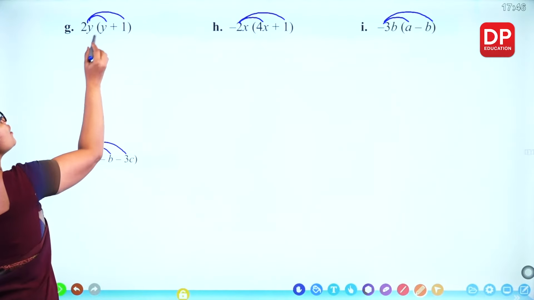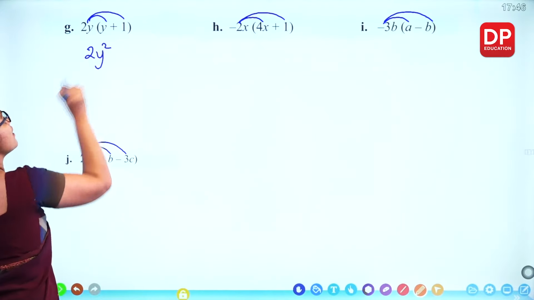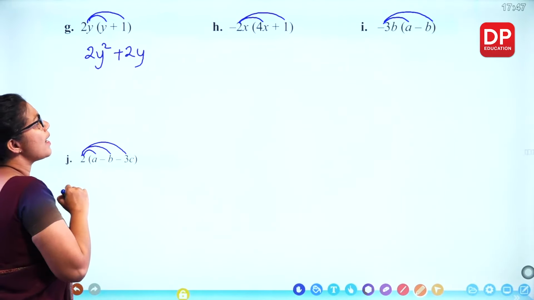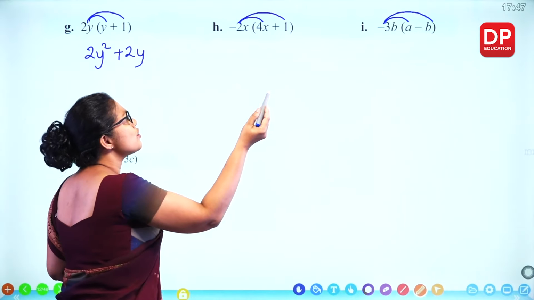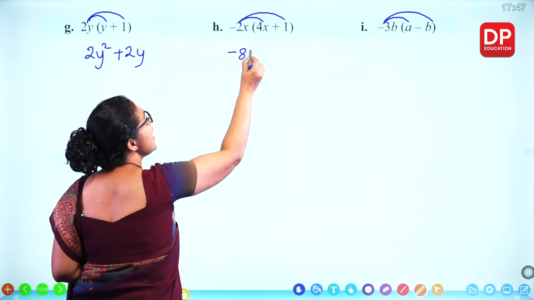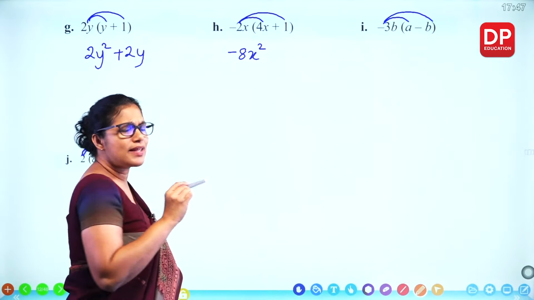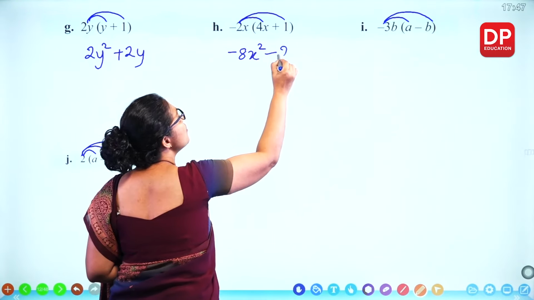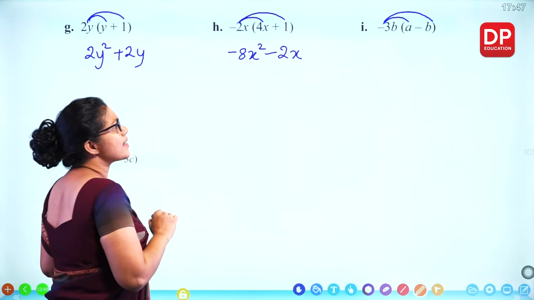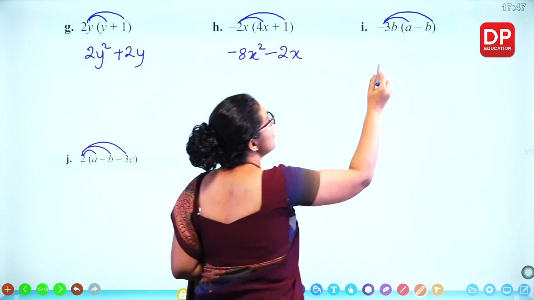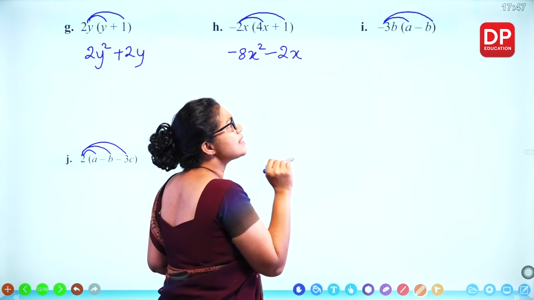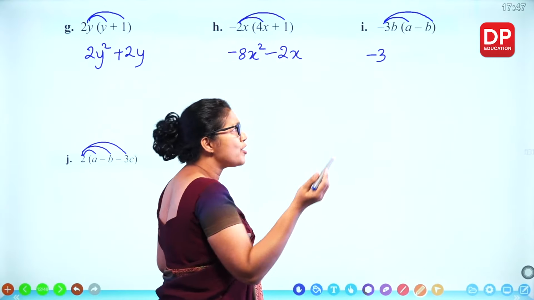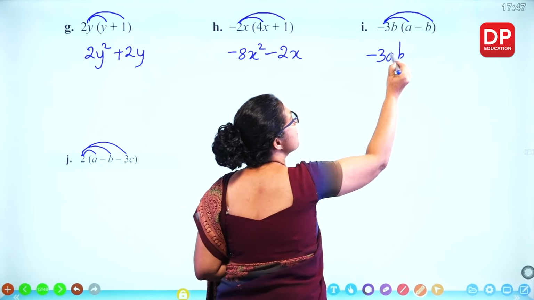So here we'll take this one. First, 2y into y, you get 2y squared. 2y into plus 1, plus 2y. Minus 2x into 4x, you get minus 8x squared because you get the same x value. Minus 2x times plus 1, you get minus 2x. This one, minus 3b times a, minus 3ba, or you can write it as ab.